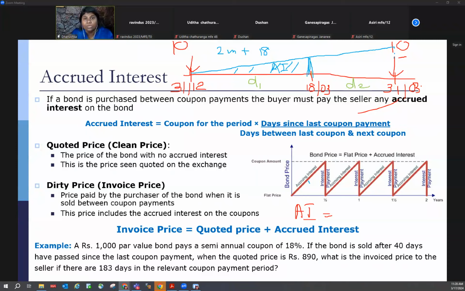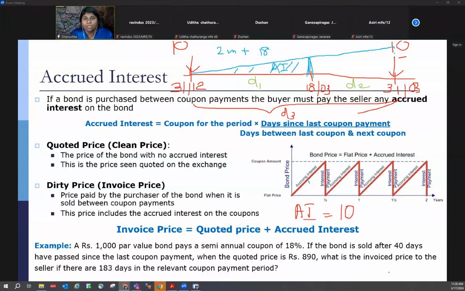But accrued interest only depends on the next coupon you're going to get. The coupon for that period. So my 10 rupees is valid for this number of days. Let's call that D3.